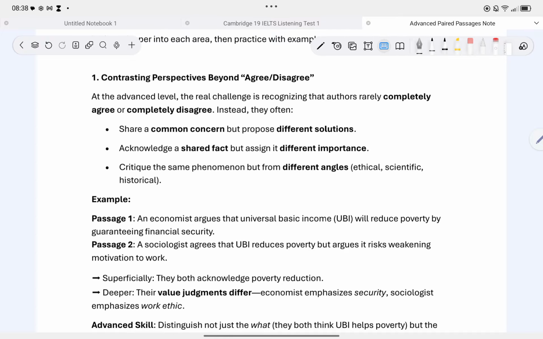For instance, author A and B may share a common concern. For instance, they both agree that noise pollution is a problem. Let's say they both agree that noise pollution is a problem.